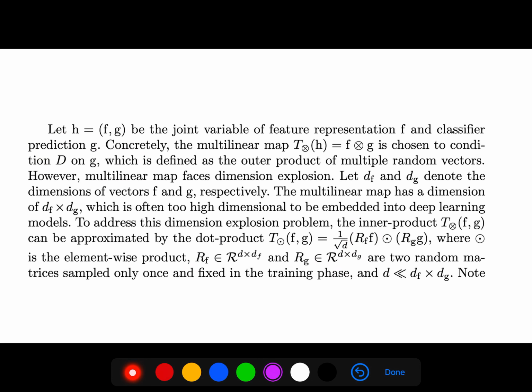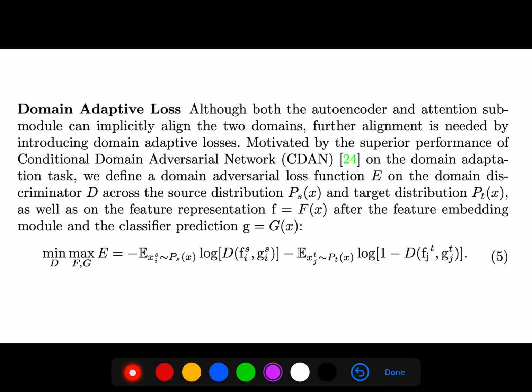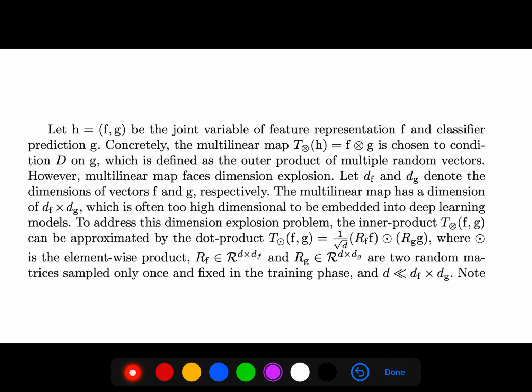So f and g, let h be the joint variable of feature representation f and classifier prediction g. The multilinear map is chosen to condition d and g, which is defined as the outer product of multiple random vectors. However, multilinear map faces dimension explosion.